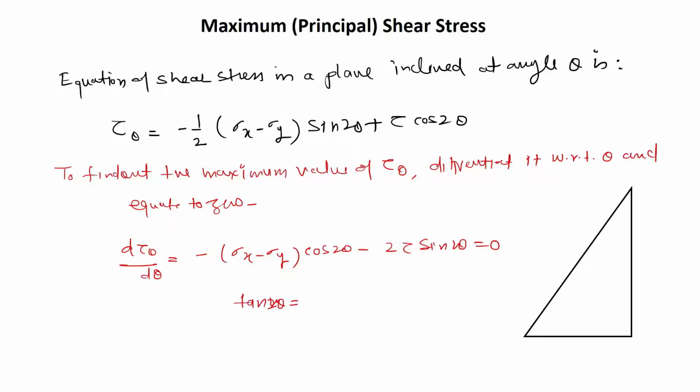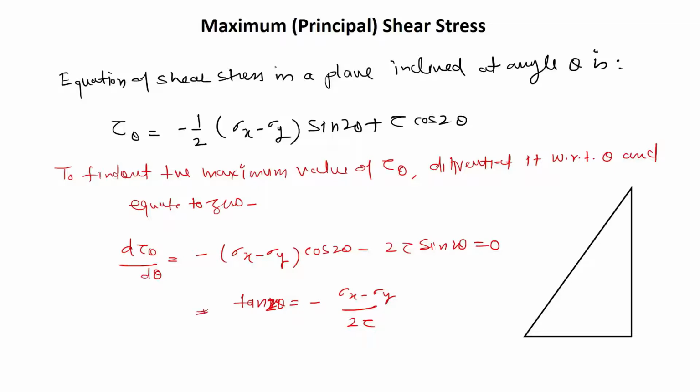is equal to minus (sigma x minus sigma y) over 2 tau.